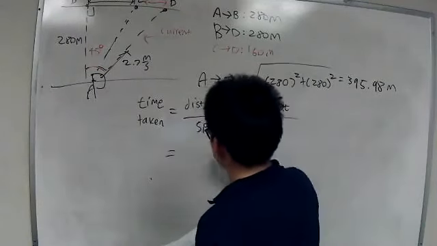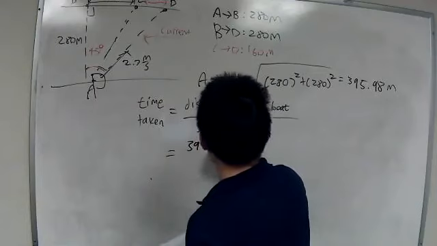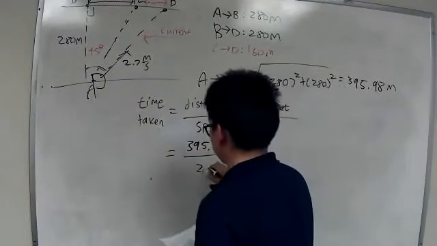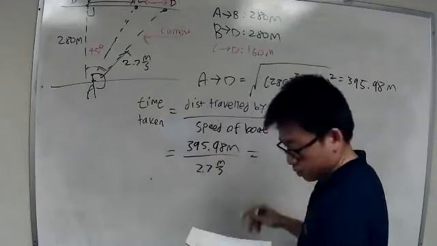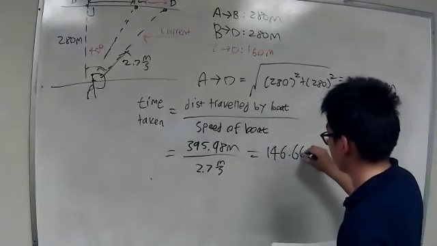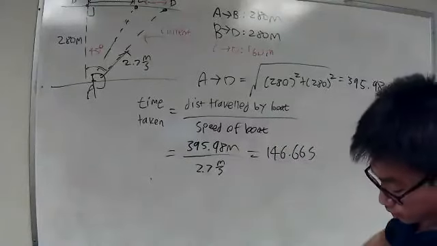So we're going to throw this in here, 395.98 over 2.7. So what is this going to be? We're at 146.66 seconds. So that's how long it took.